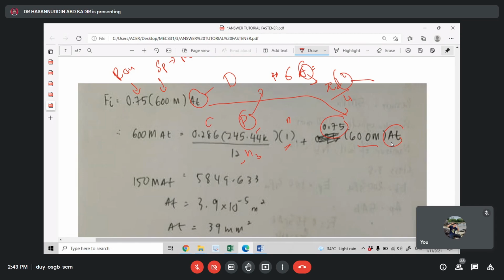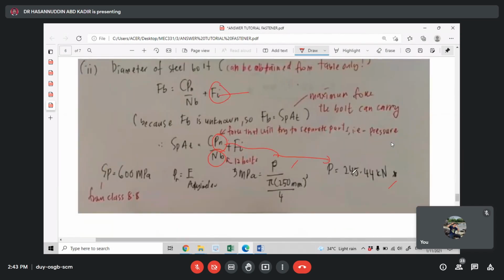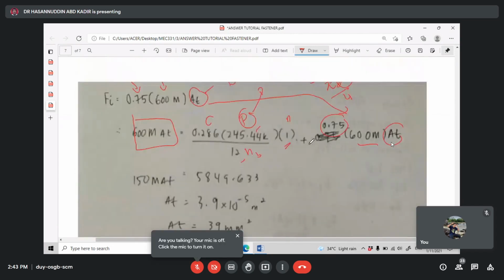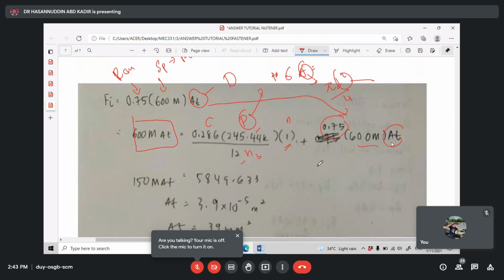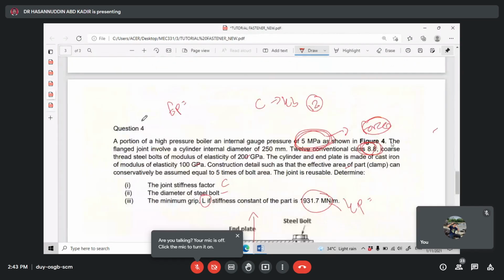And then this another one, 680 here. So this is the FP part from earlier. They mention that FB is the maximum force the bolt can carry, but apply the SP and AT here. Because if we use only this part, for the bolt we will not get it.